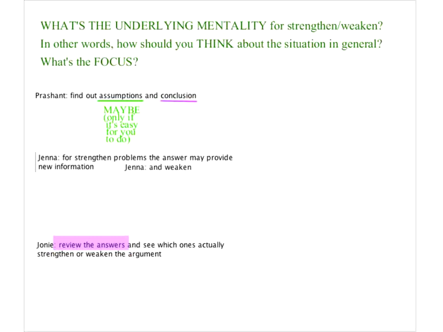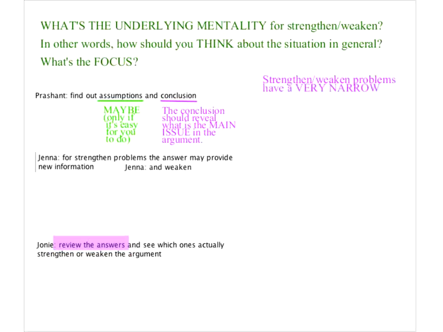And what the conclusion will do is reveal what the main issue in the argument is. So here's the first piece of insight: strengthen and weaken problems have a very narrow focus.